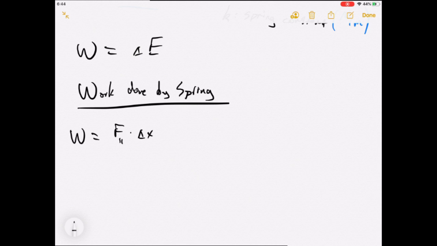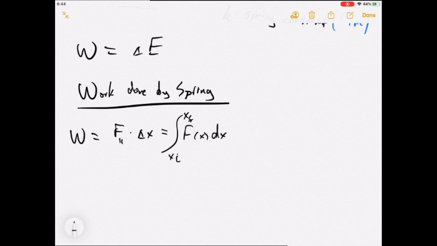So instead of doing a straight multiplication, I have to integrate this. Now, I do not expect you to do integrals, but I wanted to talk about it. You actually have to integrate this force, which is a function of x, over x, from some initial place to some final place.